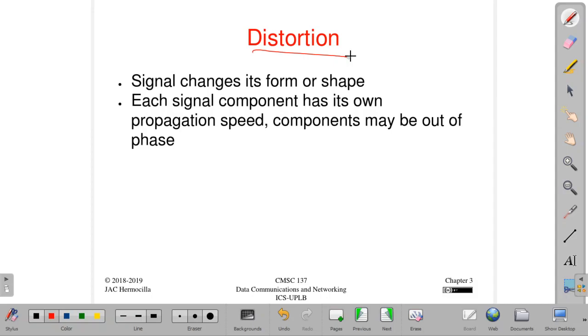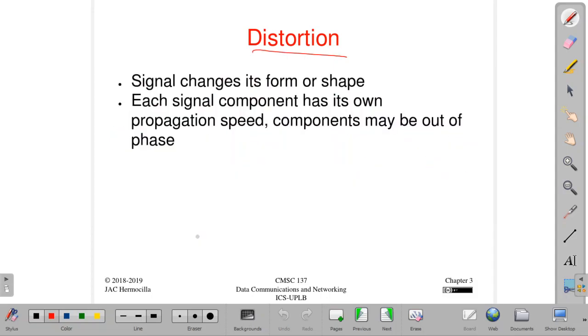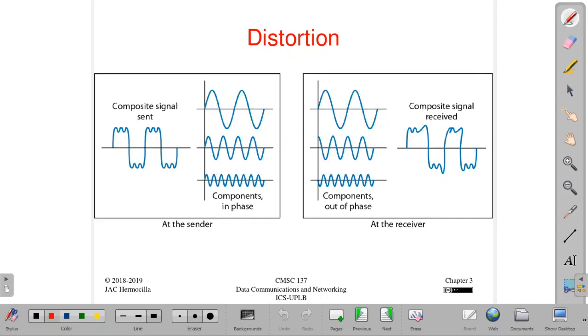Remember that most signals are composite signals, meaning they have different component sine waves, and these component sine waves can travel at different speeds, and thus they may be out of phase as they travel through the medium or through the channel. For example, we have this composite signal.